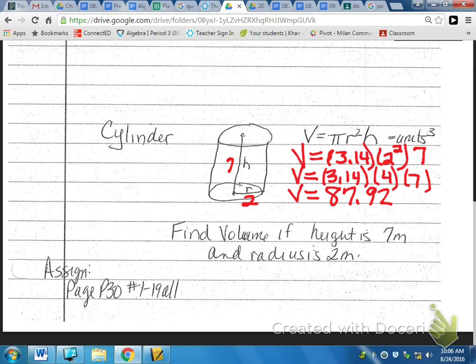We are going to round always to the nearest tenth unless it says otherwise. So we would say that volume is 87.9 meters cubed. 87.9 meters cubed. Any questions?